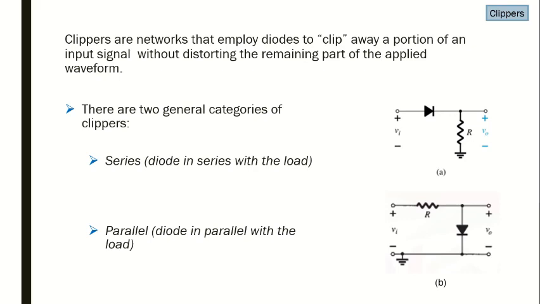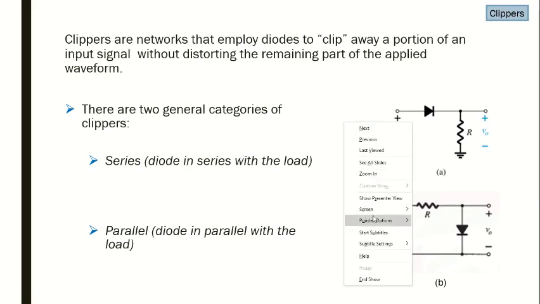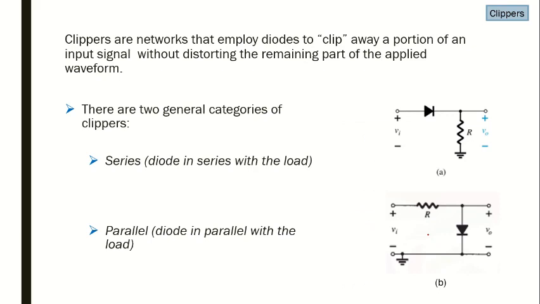One is series, in which the diode is in series with the load, like in figure A, because we are getting the output from this resistor R, and the diode is in series with the resistor R.